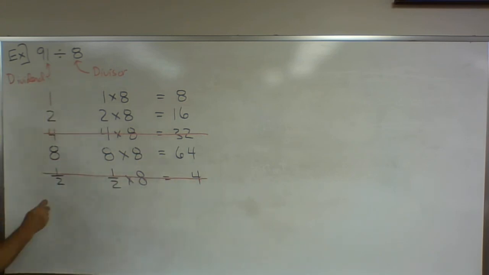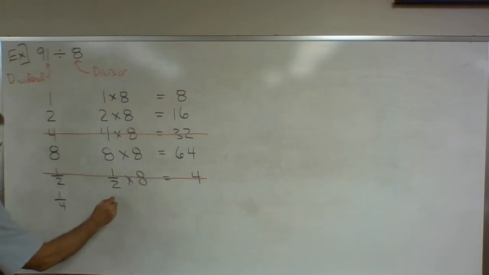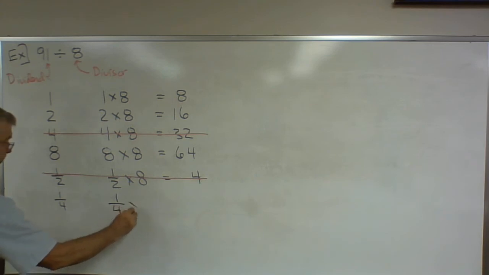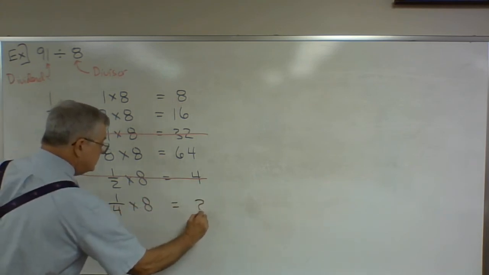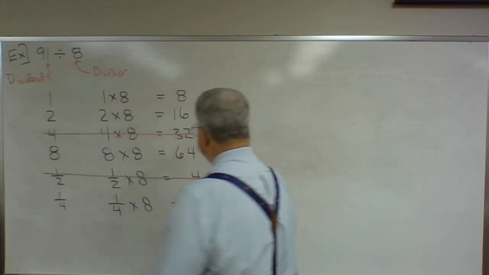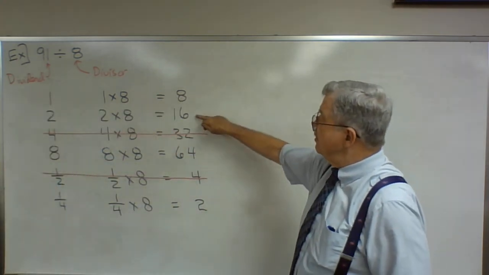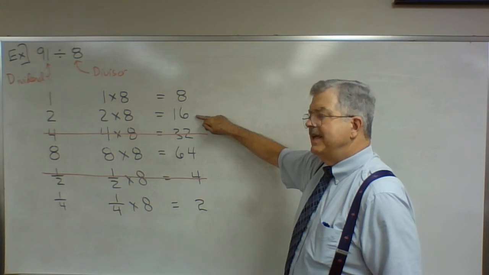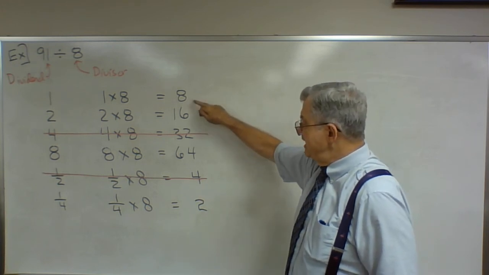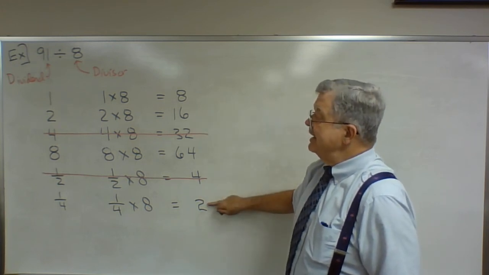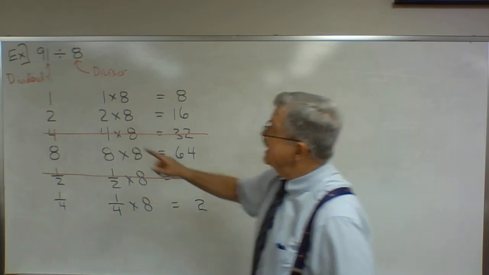Let's take the next largest power of 2, 1/4. How does this look? 64 plus 16 is 80, plus 8 is 88, plus 2 is 90. We're trying to get 91.